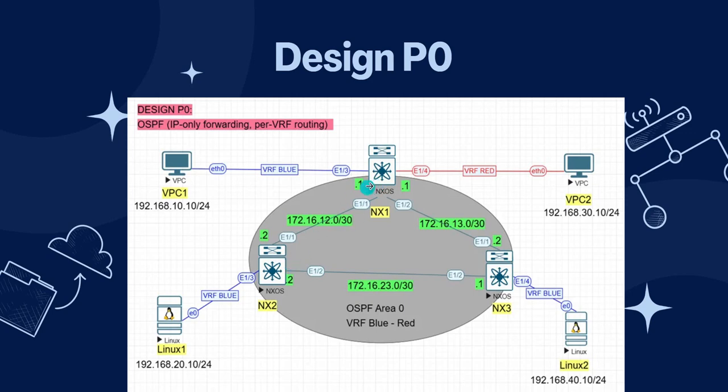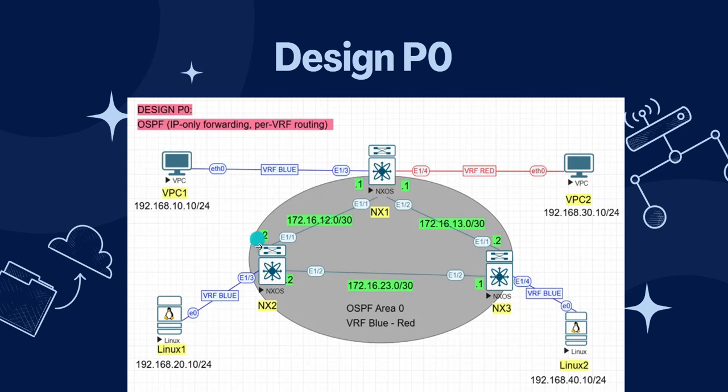Along with those networks we have two VRFs, VRF blue and VRF red. Even though they use the same physical device and the same physical resources, we can separate the network by using different VRFs. So VRF red and VRF blue cannot communicate directly, and they should not conflict.